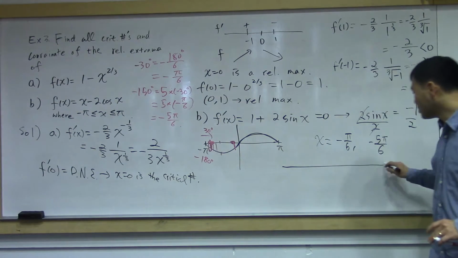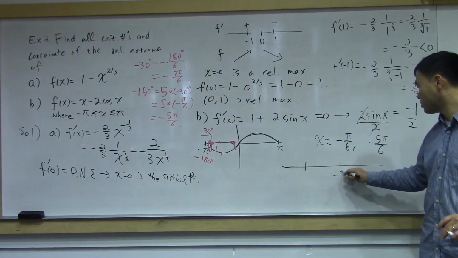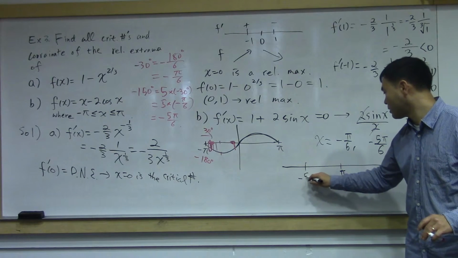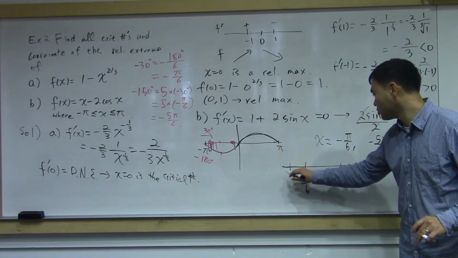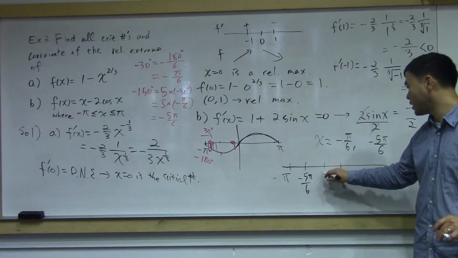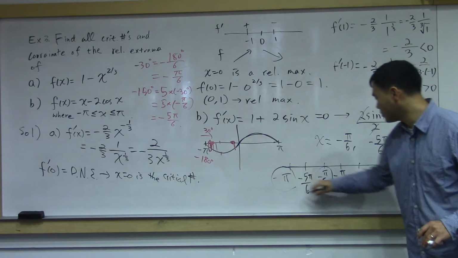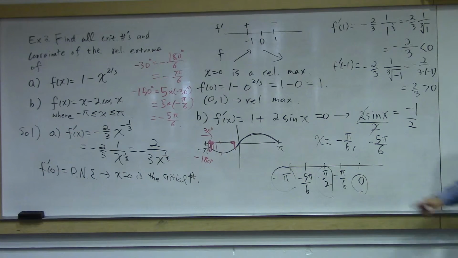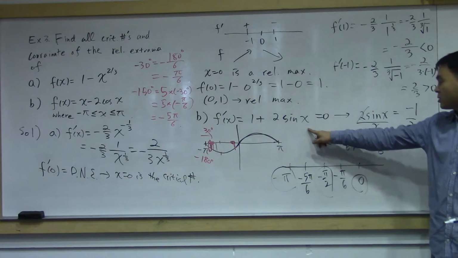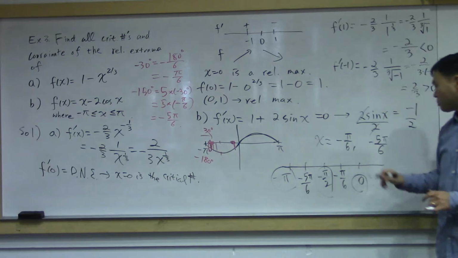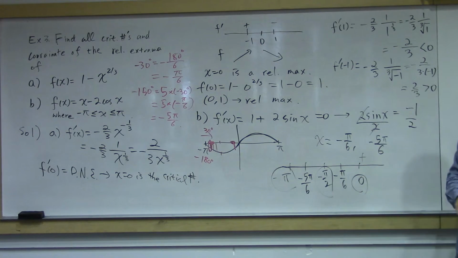All right, on the number line, if I place them, negative pi over 6 and negative 5 pi over 6, I guess you can pick negative pi over 2 and 0 as test values. Okay, and then we plug it in here. Sine of 0 is 0, so you get positive 1 for f prime.